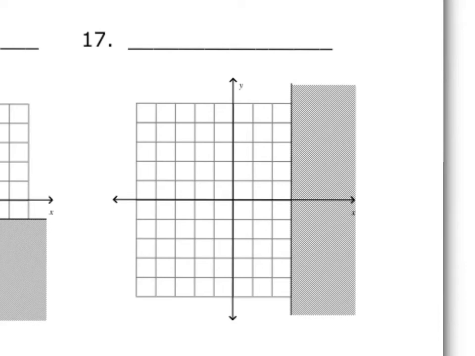So instead of putting y is greater than or less than, we're going to use x. So x is greater than but not equal to, right? Because if I'm looking at that shaded region, if this is the value of x, which is 3, if I move over to the next x in the shaded area, that's 4, 5, 6, 7, and on and on. So the values of x are going to be greater than that 3.